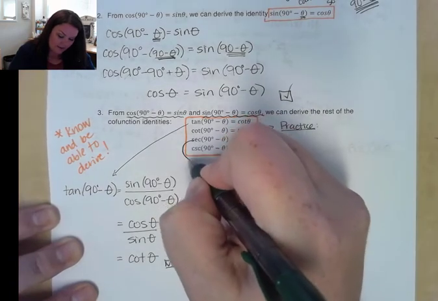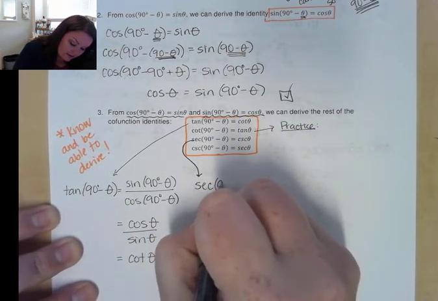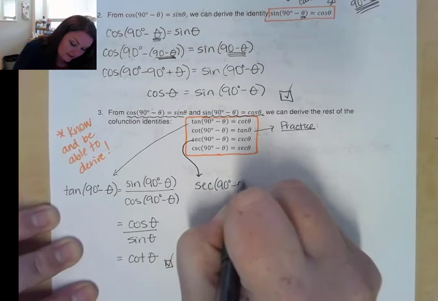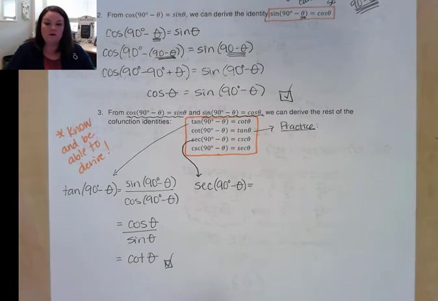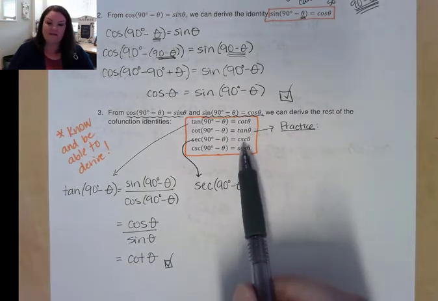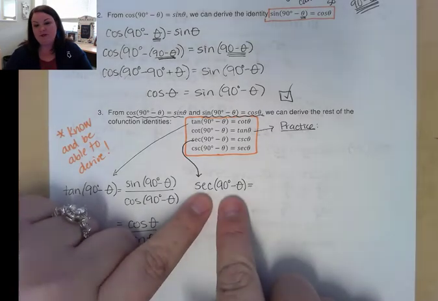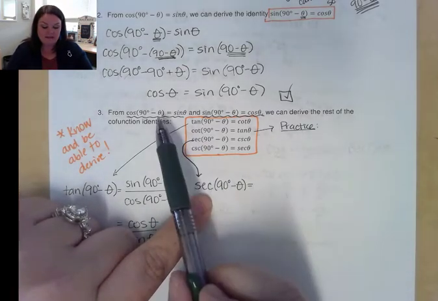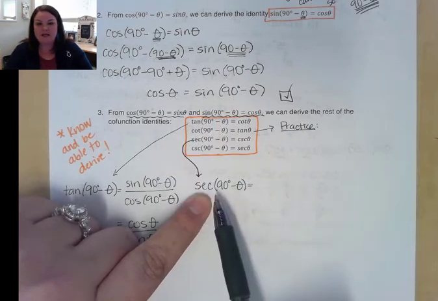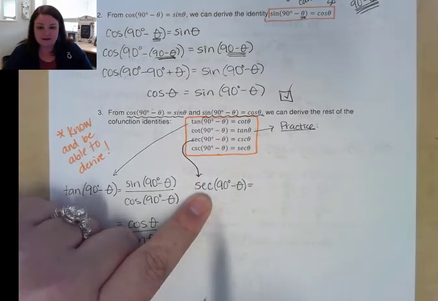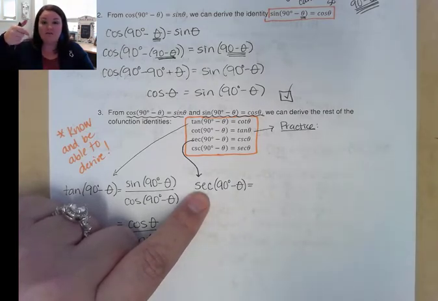Okay, so looking at secant, we want to show that secant of 90 degrees minus theta is equal to cosecant theta. Okay, so I'm going to go ahead and change this into something that I do know, because notice the only things that I have proven deal with sine and cosine. So I'm going to rewrite this as a cosine identity. So secant is the inverse of cosine.